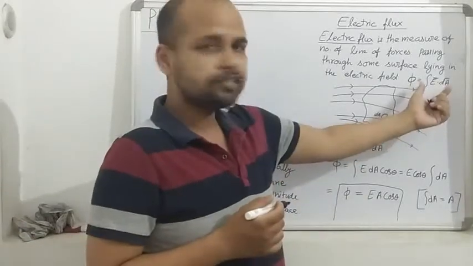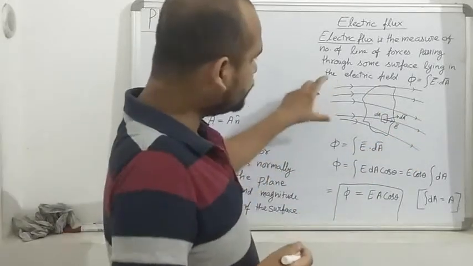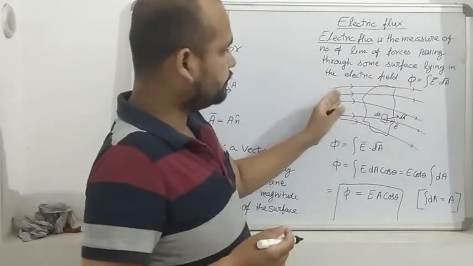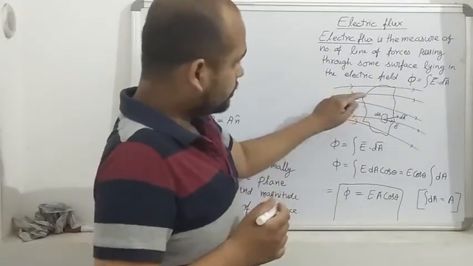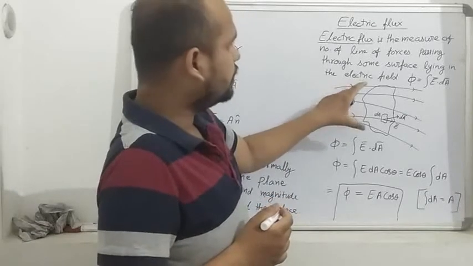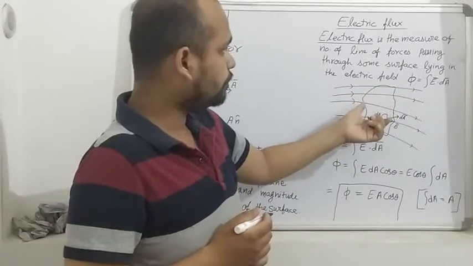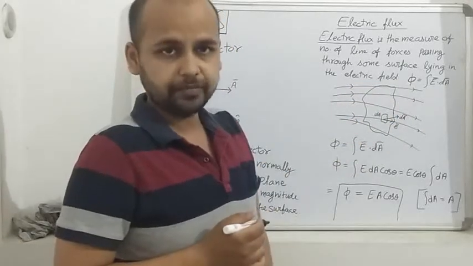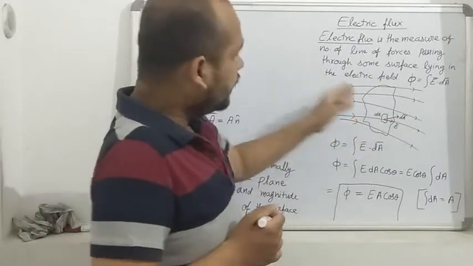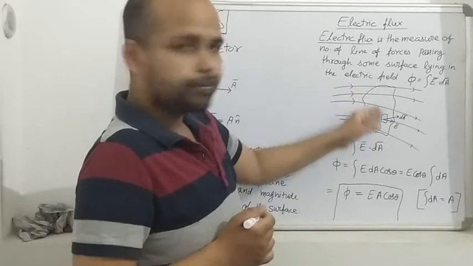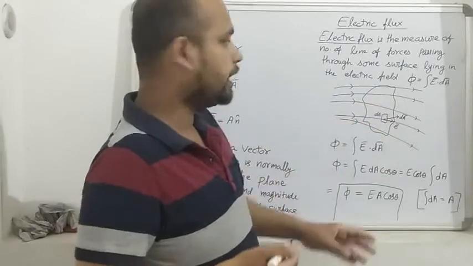How this expression has been obtained, we'll understand in this diagram. As I've told you that there is an electric field in which a surface is lying. So to calculate the total amount of electric line of forces, we will have to perform the integration operation here, because the surface is not uniform and the electric line of forces which are passing from this surface cannot be directly added or multiplied.